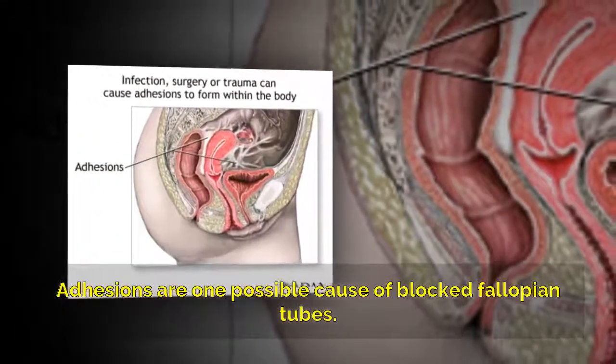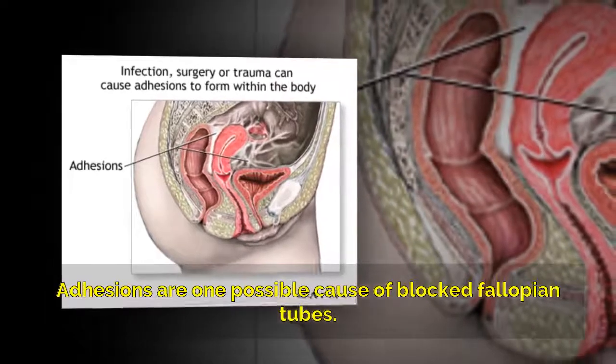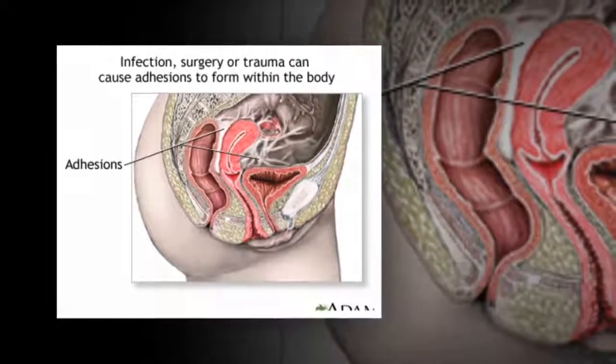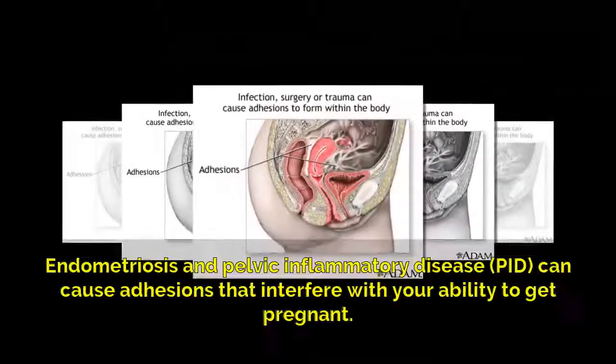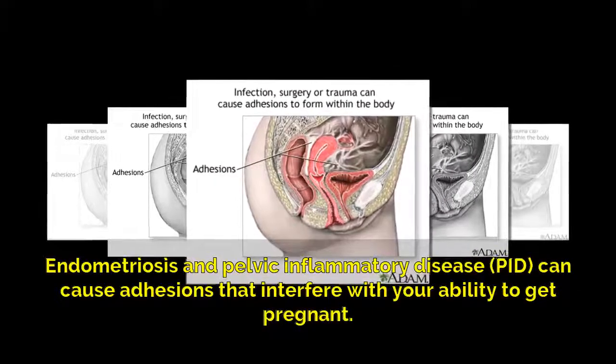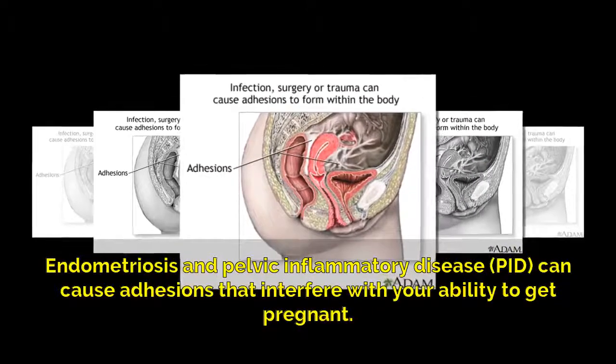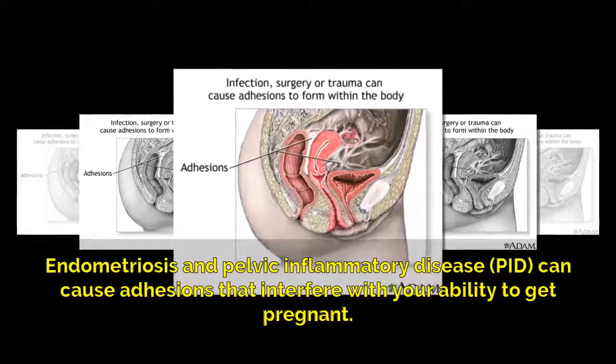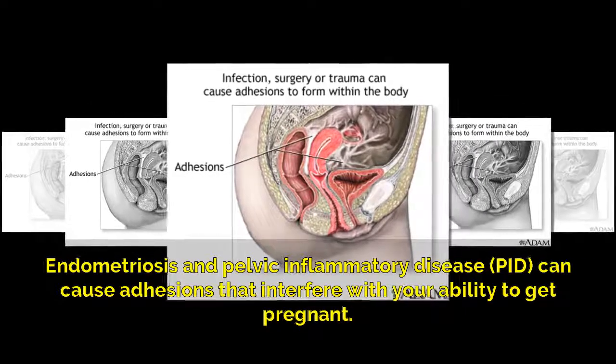Adhesions are one possible cause of blocked fallopian tubes. Endometriosis and pelvic inflammatory disease, PID, can cause adhesions that interfere with your ability to get pregnant.